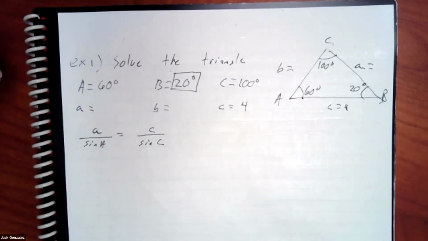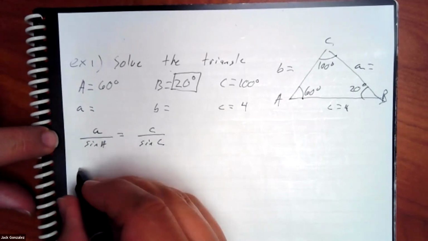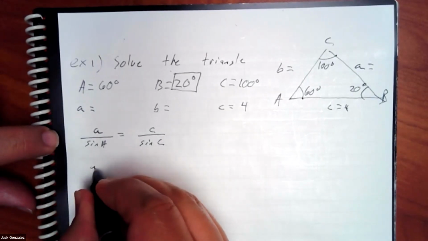Okay. You multiply both sides by sine A, you get to here. I'm going to show the step this time, but I'm not going to show it after a while.